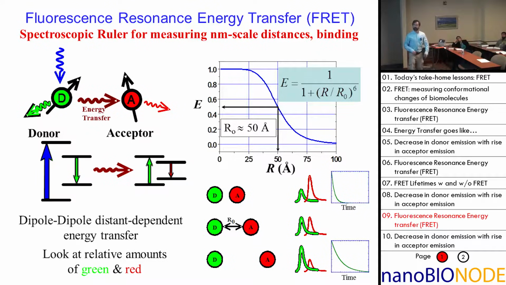Then we can measure the lifetime of the donor when the acceptor is nearby, and it can be doing a fair amount of FRET. That's what we call tau dA. And how we actually measure E, the energy transfer, is 1 minus this ratio of the two.